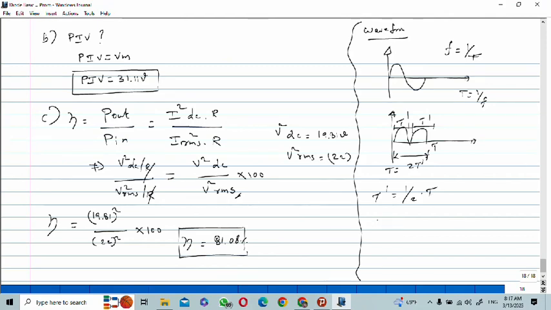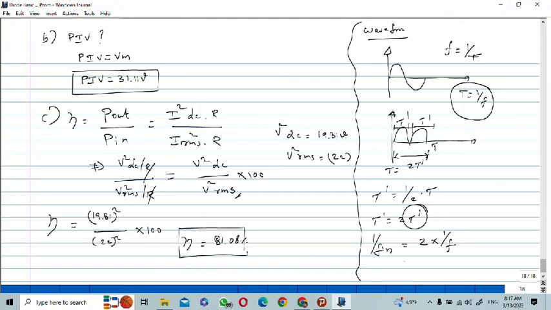So finally you substitute this value, and you get T dash equal to T by 2. The frequency formula is 1 over F in terms of T dash. So T dash equal to 1 over F naught.